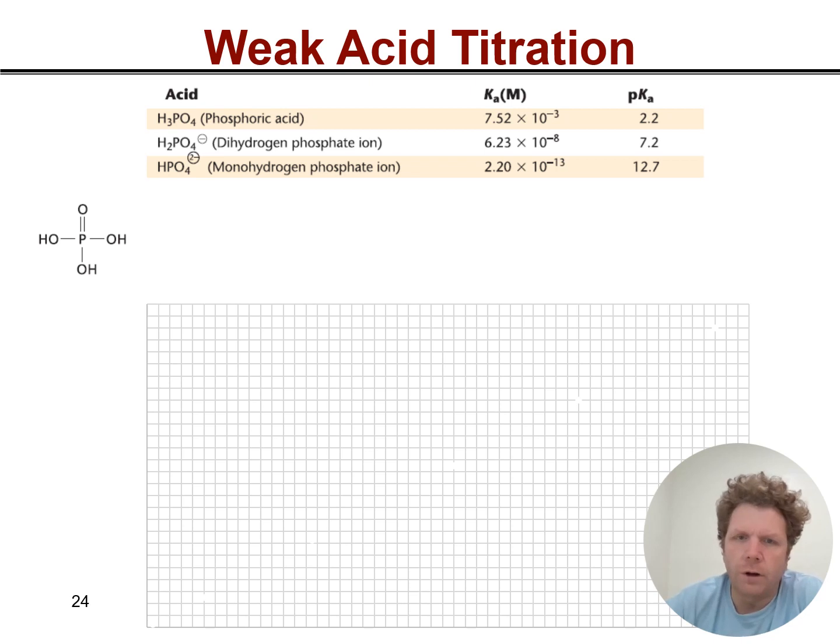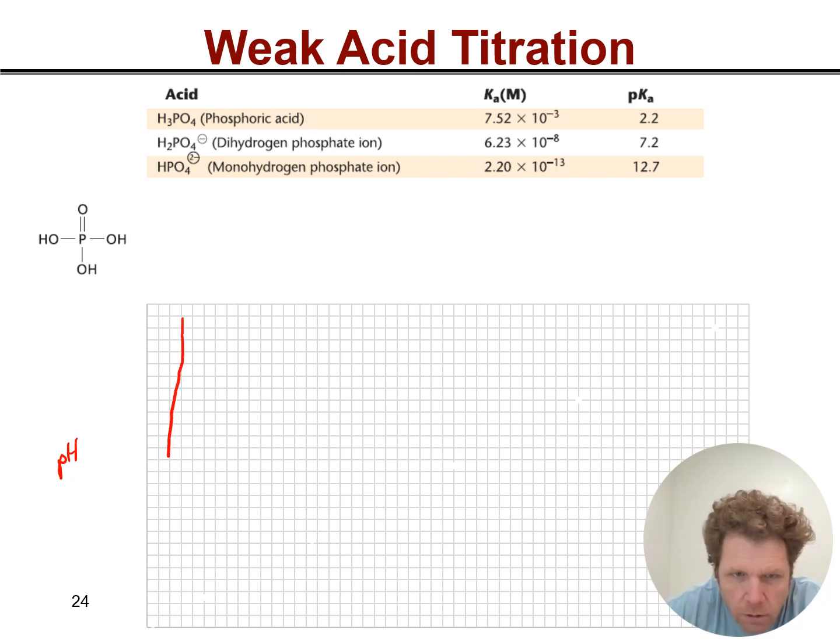We're going to go ahead and draw a titration curve for phosphoric acid. And we're going to do a couple of things with this titration curve. So the first thing that I want to do is label my y-axis. I'm going to label it as pH. Oh, I'm not good at drawing straight lines sometimes. Erase that.